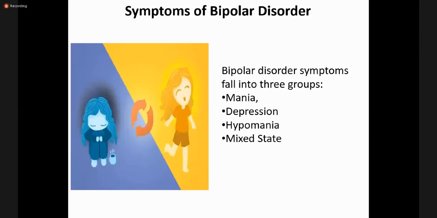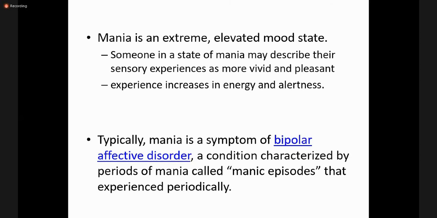What is mania? Mania is an extreme elevated mood state. Someone who is in a state of mania describes their experiences as more vivid and pleasant, and there is an increase in energy and alertness. People who have mania have increased energy, a decreased need for sleep, elation, and also self-important ideation.